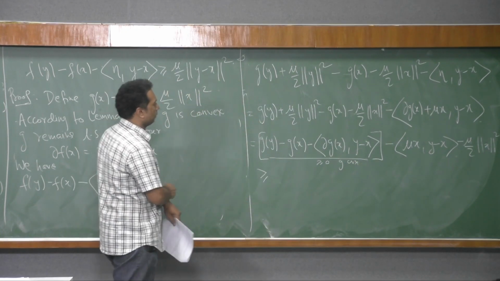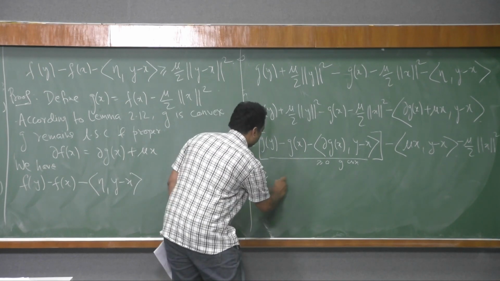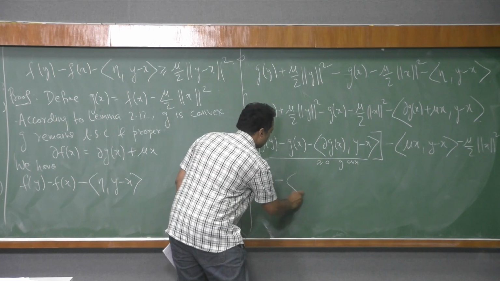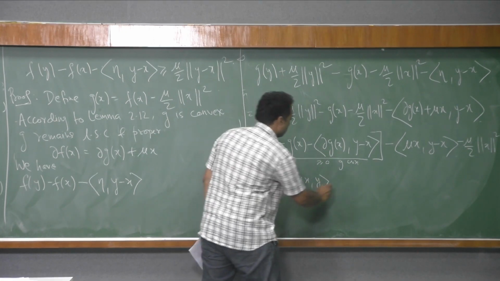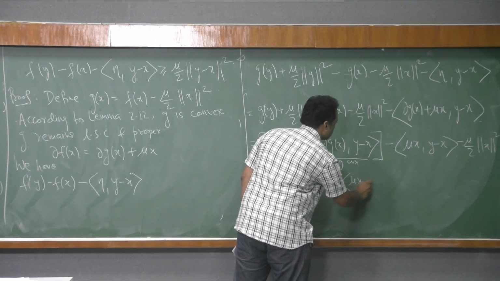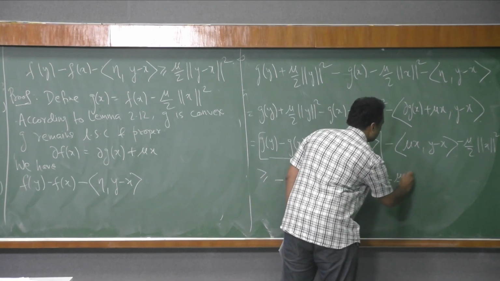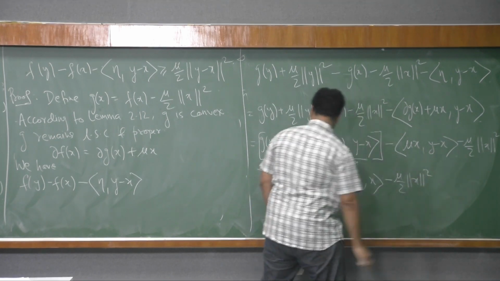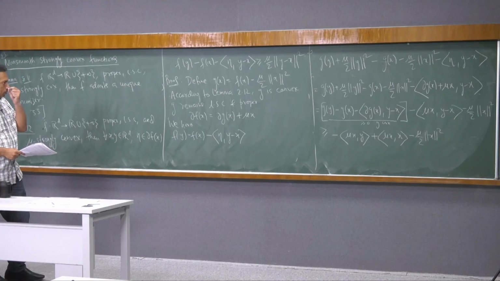So what we are left with is, there is a negative sign, but let us keep that, mu x y plus mu x x, minus mu by 2 norm x square.